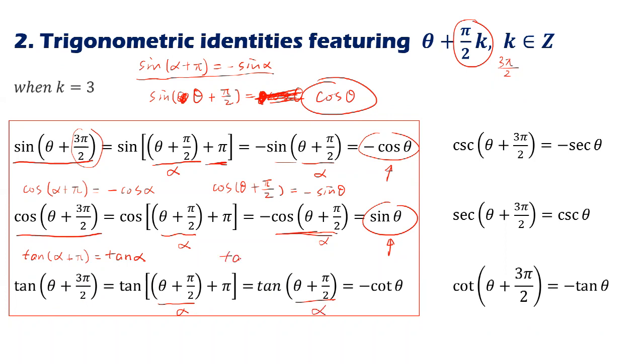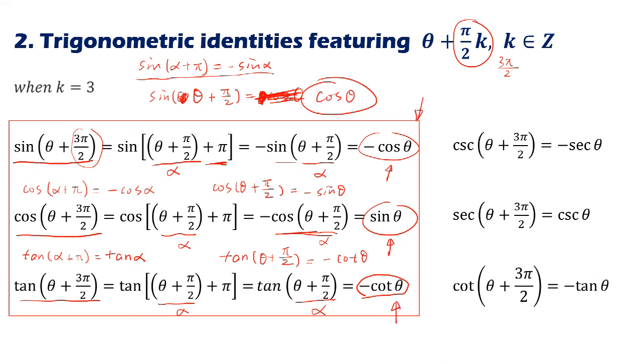And we also proved that tangent of theta plus half pi equals minus cotangent theta. So in this way, we have proved that tangent of theta plus 3 pi over 2 equals minus cotangent theta, right?